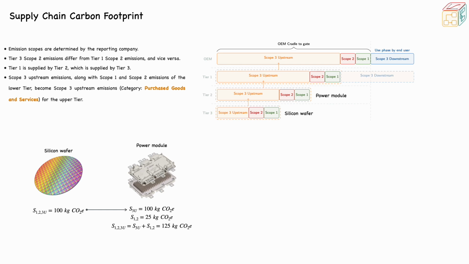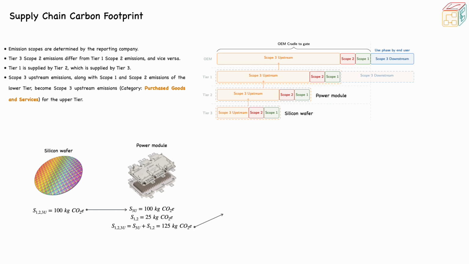To produce the power module, additional activities are conducted and the use of electricity, which add additional 25 kilograms of CO2, and the complete impact of producing the power module becomes the sum of what was done with the silicon wafer and the activity for the power module, which results in 125 kilograms of CO2 equivalent.